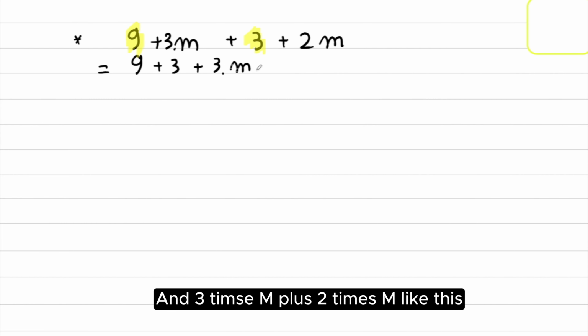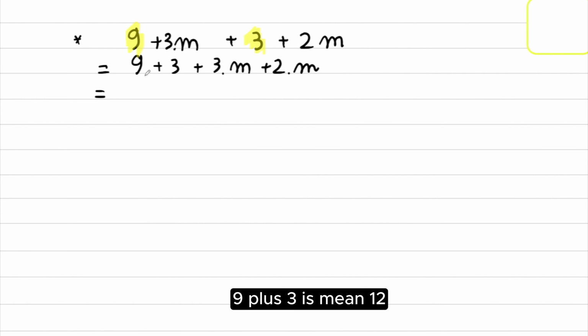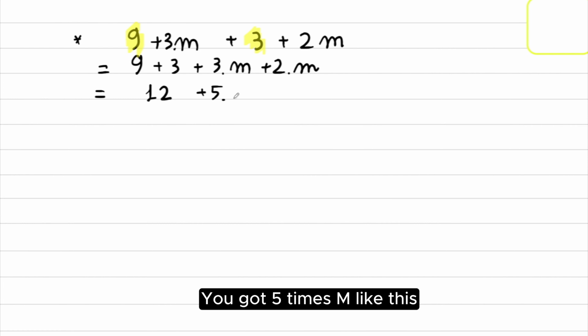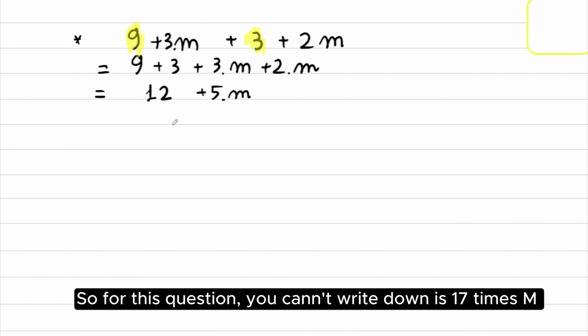And 3 times m plus 2 times m like this. 9 plus 3 means 12. And then 3 times m plus 2 times m, you get 5 times m like this. So for this question, you cannot write 17 times m.